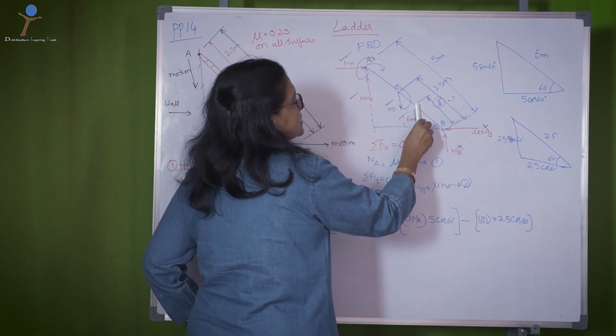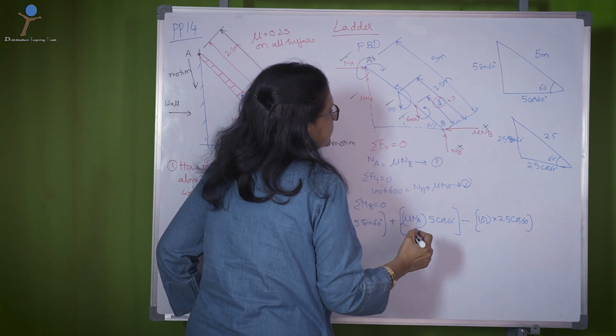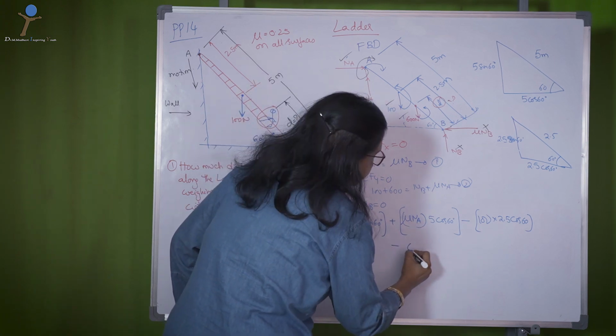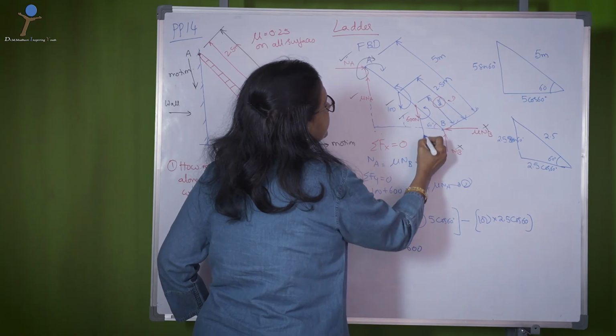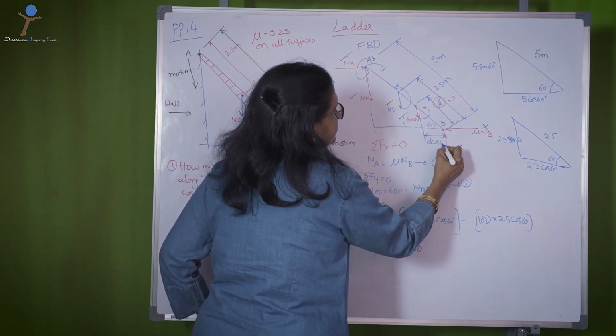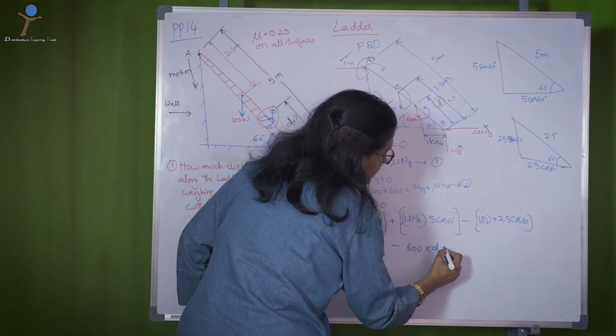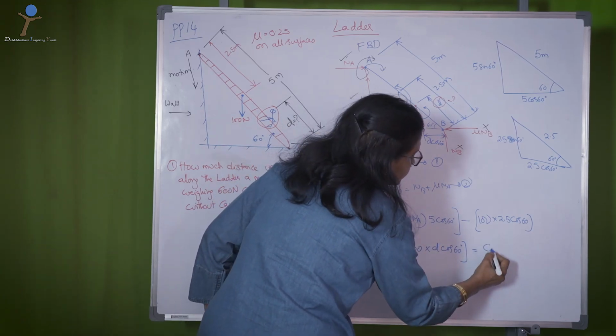Then 600 rotates about the moment center again in the anticlockwise direction, minus 600 multiplied by the distance d cos 60, is equal to 0.